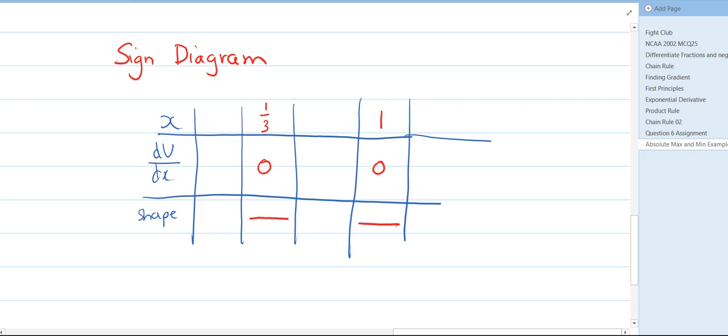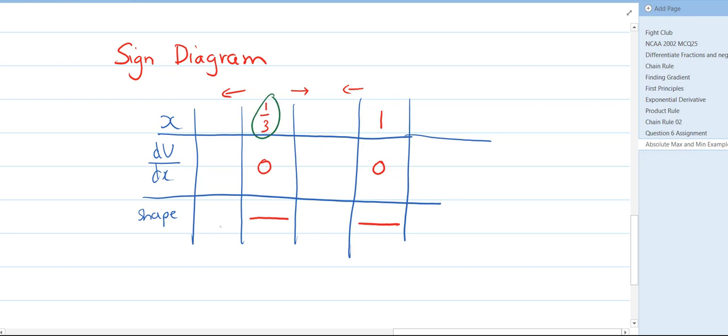What I don't know is any number before 1/3 or any number between 1/3 and 1, whether the gradient is going to be positive or negative. Meaning, I don't know if it's this shape or any shape. Or it could be another 0, but it wouldn't be because we solved for 0 already. Okay, so what we're trying to test now is if it's a maximum point at 1/3.